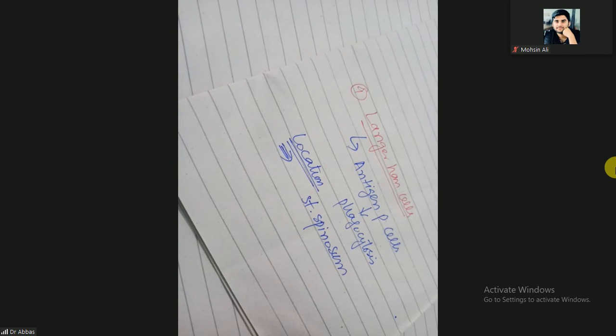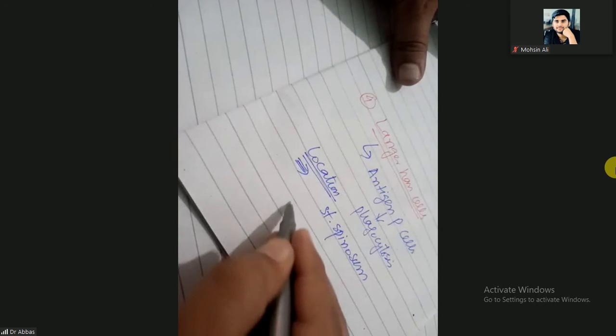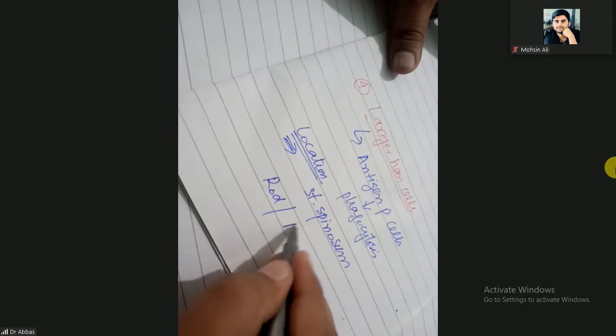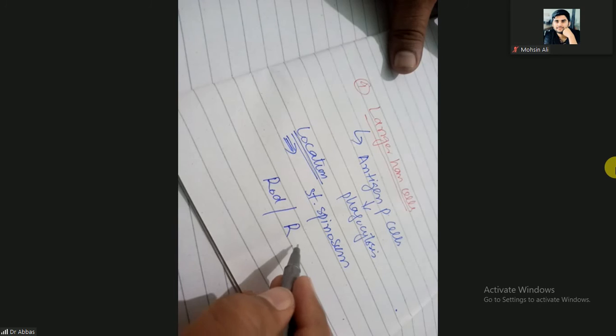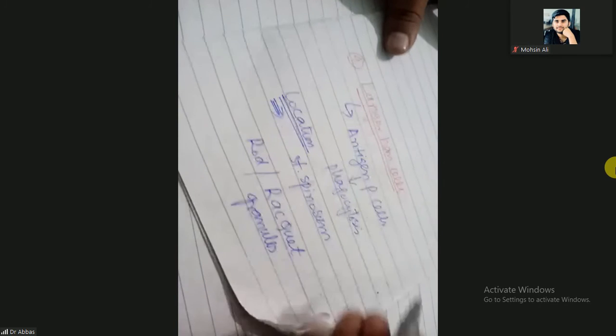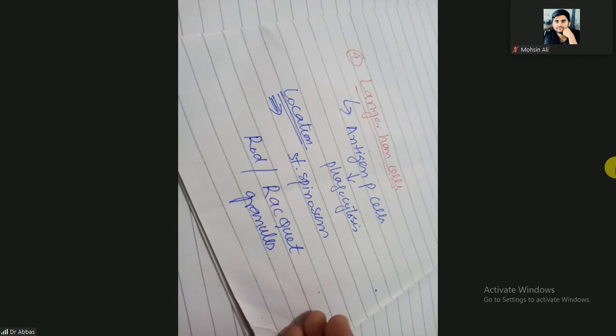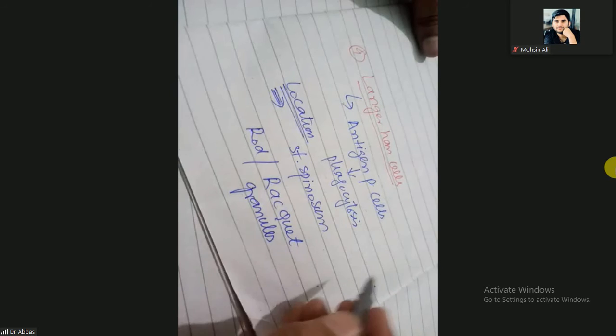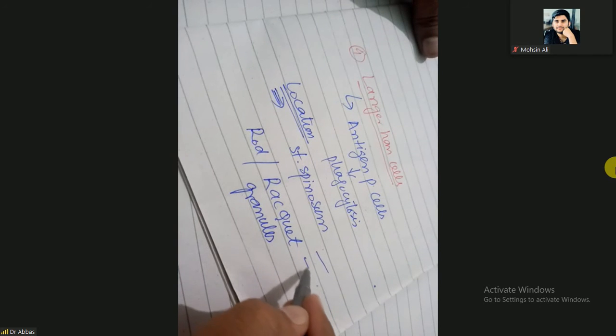Actually, they have rod and racket granules. Rod and racket granules mean, like the racket of badminton, they have the rod and this has the racket.